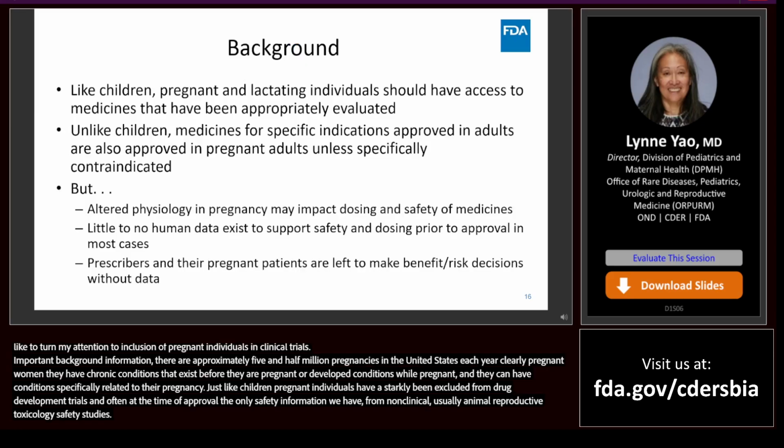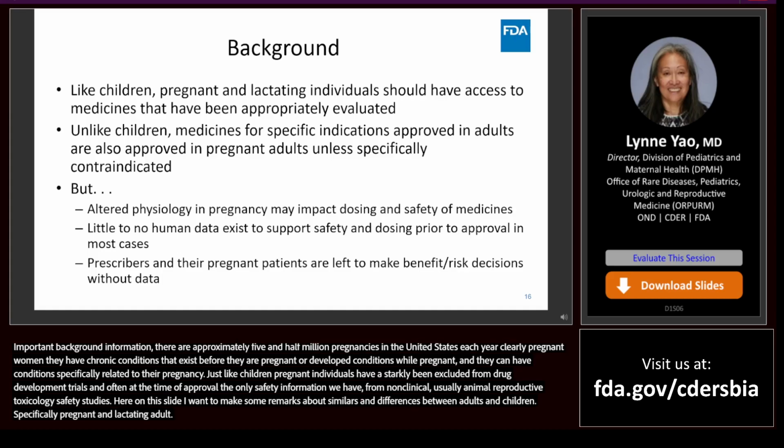So here on this slide, I want to make some remarks about similarities and differences between adults and children, specifically pregnant and lactating adults. So children, pregnant and lactating adults should have access to medicines that have been appropriately evaluated.